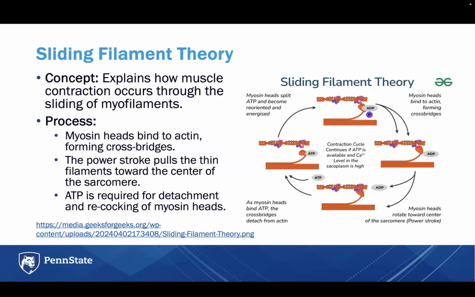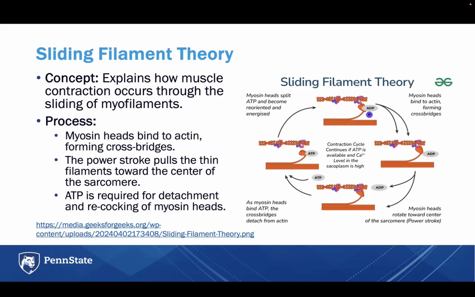This process is also energy intensive, requiring the use of ATP, as you can see in this diagram here. The myosin heads split ATP and become reoriented and re-energized, and this allows the myosin heads to bind to actin, forming cross bridges, as we mentioned earlier. The myosin heads rotate towards the center of the sarcomere, which is called a power stroke.